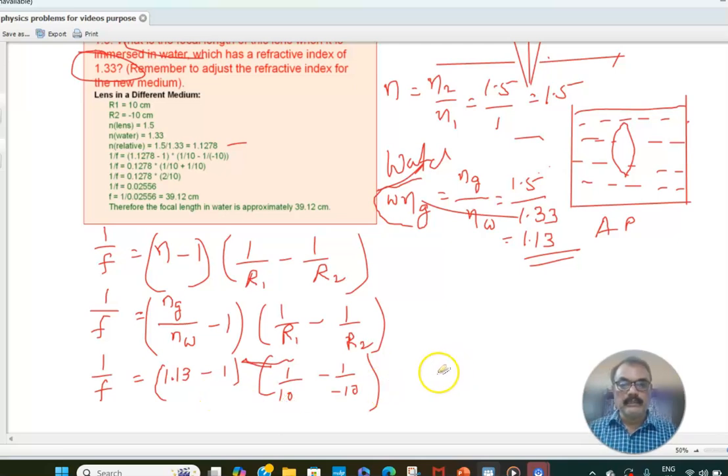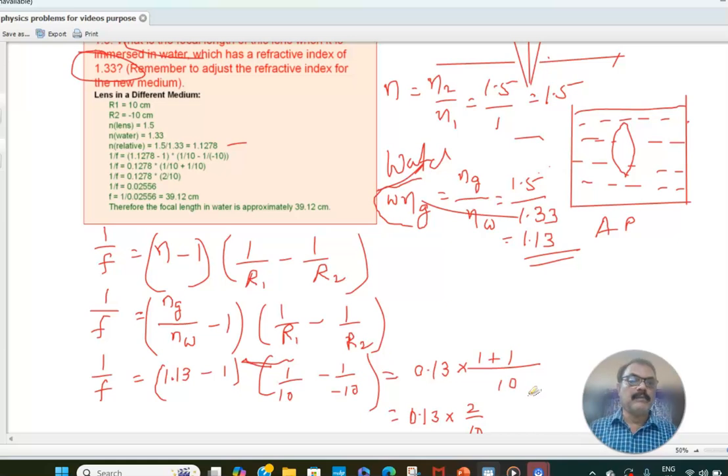Very simple. आसानी से 1 मिनट में कैलकुलेट करना है ये पूरा. So 0.13 into, सो एलसीएम क्या हो गया 10, ये हो गया 1 + 1, it will become 2. So therefore you will get here 0.13 into 2/10. ये रेसिप्रोकल कर देना, रेसिप्रोकल करे तो आपको 10/2 आ जाएगा.